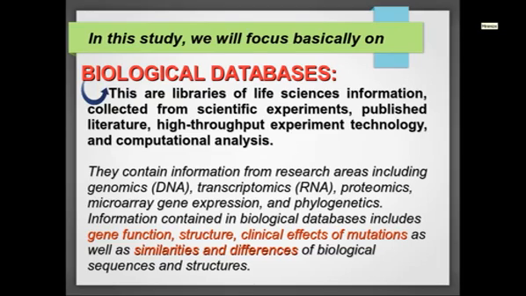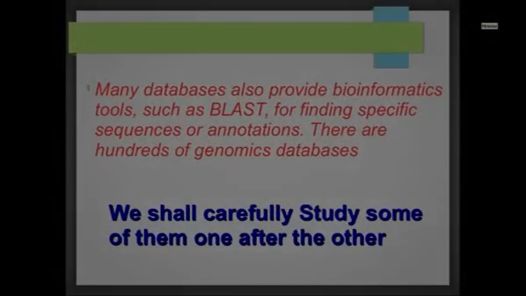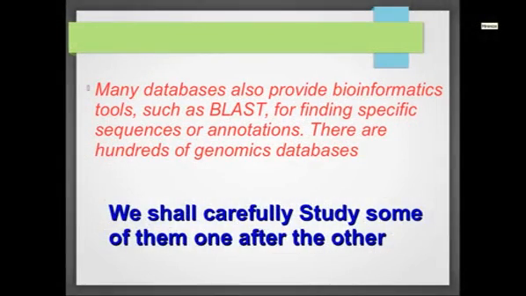So information contained in biological databases include gene structure, gene function, clinical effects of mutation, as well as similarities and differences of biological sequences and structures. Many databases also provide bioinformatics tools such as BLAST for finding specific sequences or annotations.